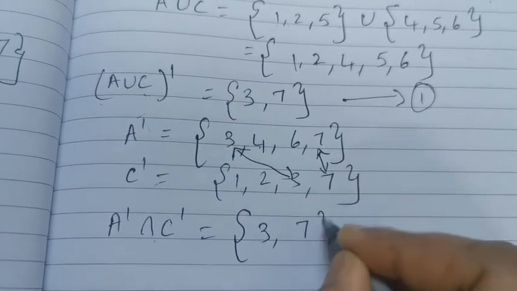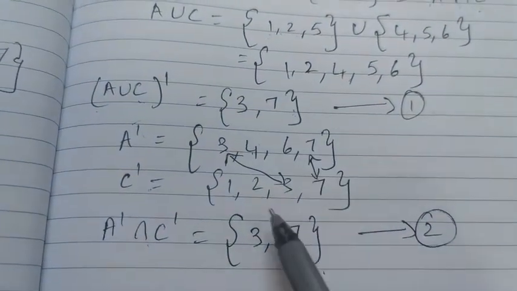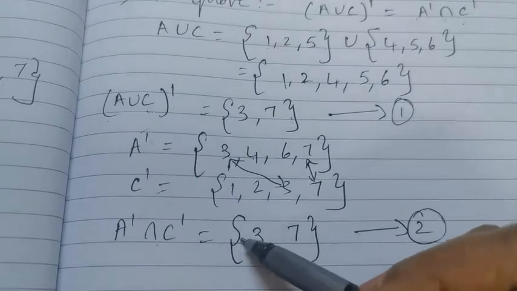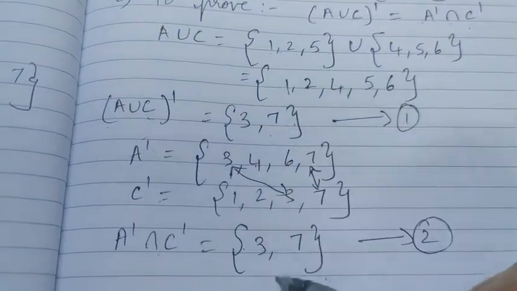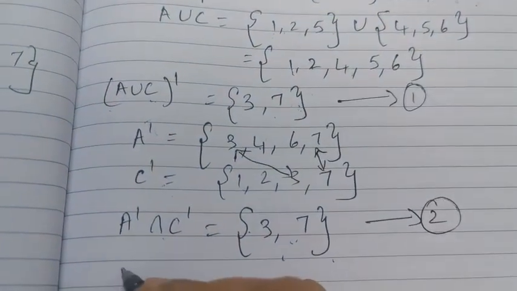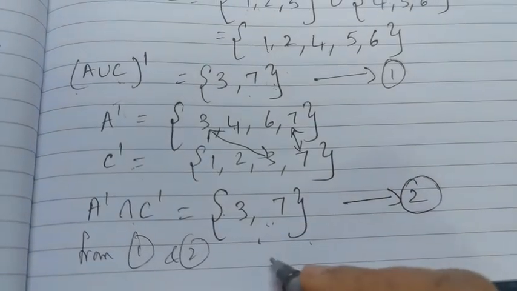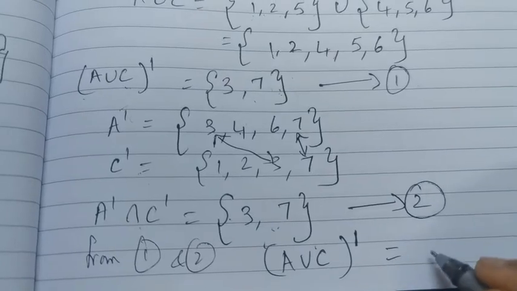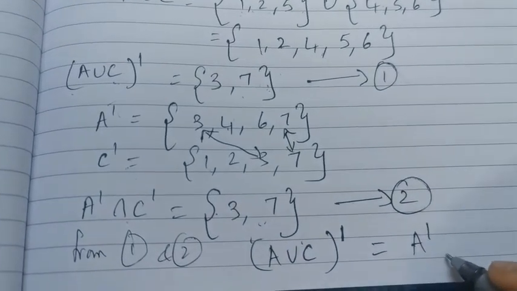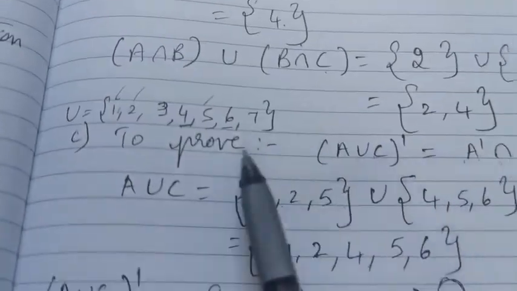Therefore, this is our right hand side, A complement intersection C complement, and A union C the whole complement is our left hand side. Both are having the same elements. So we can say that A union C the whole complement is equal to A complement intersection C complement. So we have proved what was necessary.